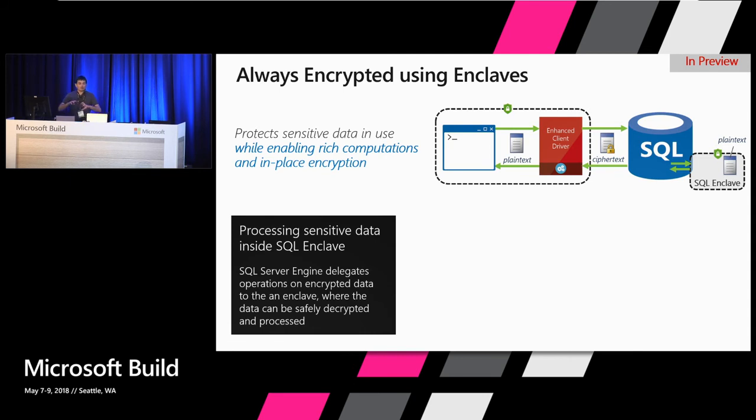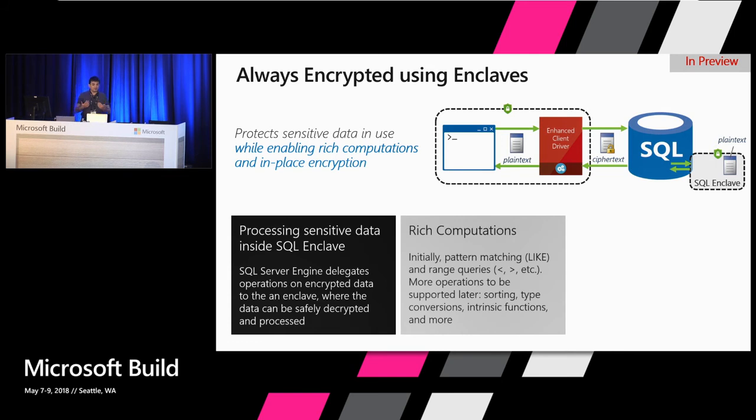And now the code running inside the enclave, which is a small portion of the SQL Server code base responsible for evaluating certain expressions in SQL queries, can perform rich computations on the data because now it has access to the plain text, right? But remember, we're doing this in such a way that this data, although it's decrypted, plain text inside the enclave, is not revealed to potential attackers in this database environment, right?